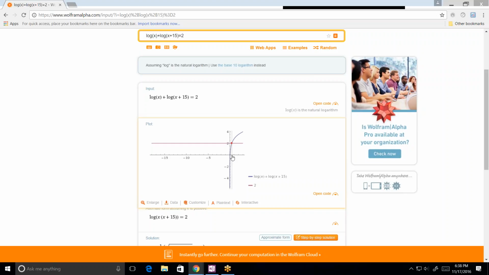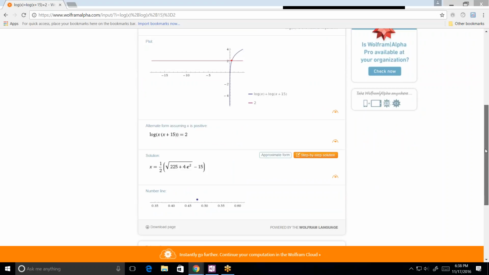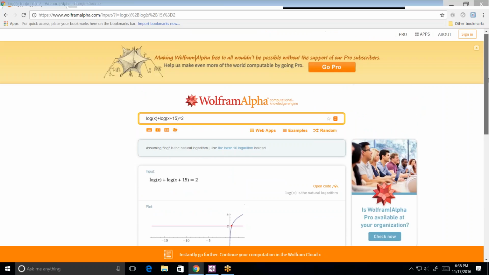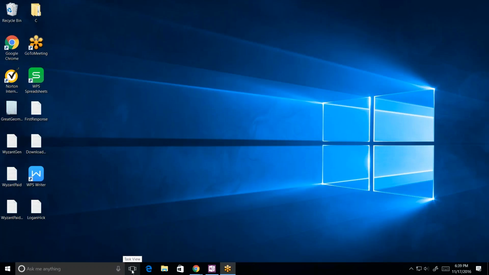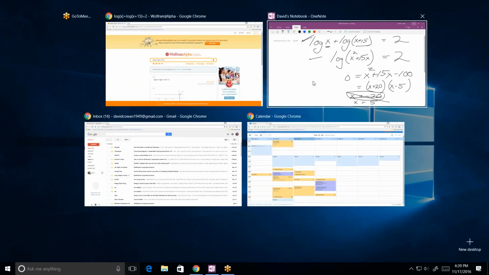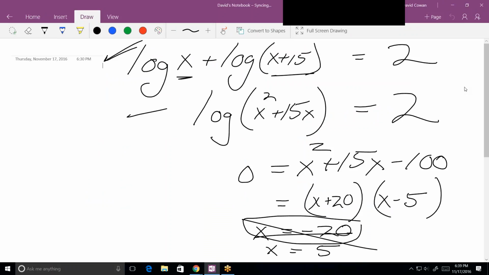But even that's not right. We came up with 5 and minus 20. I'm a little puzzled as to why it doesn't come up with x equals 5 at that point. I am certain that we did it properly. My only mistake was pulling up Wolfram Alpha to figure it out. I cannot explain that little discrepancy there. The way we did it was the proper way here.